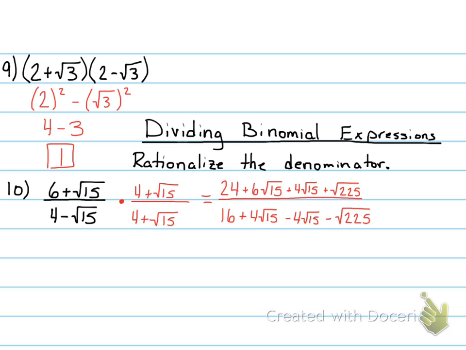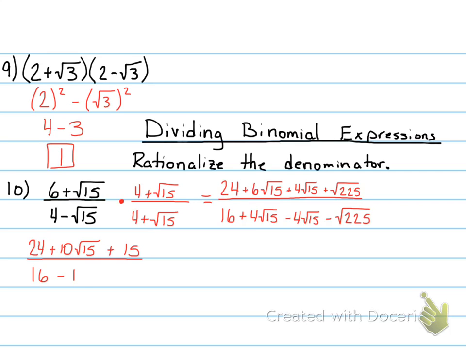Now let's go ahead and start simplifying what we can. With the 24, we carry it down for now. The 6 square roots of 15 plus 4 square roots of 15 ends up being 10 square roots of 15, plus the square root of 225 is 15. All that is over. Carry down the 16. 4 square roots of 15 minus 4 square roots of 15 makes it 0, so we don't have to put anything.